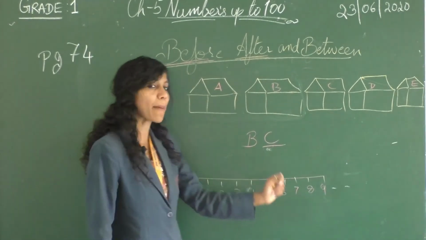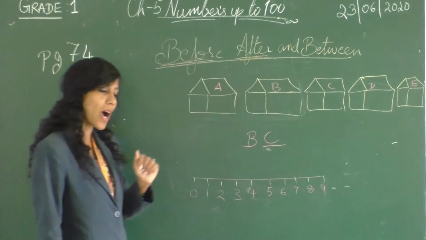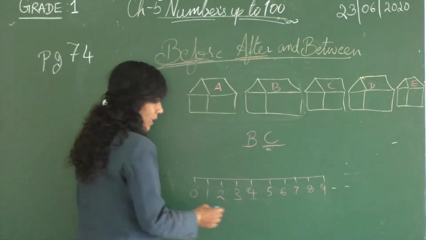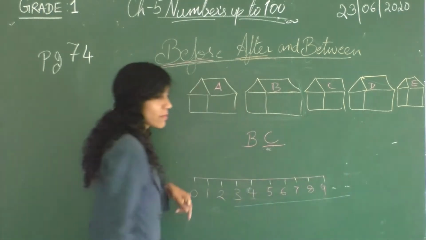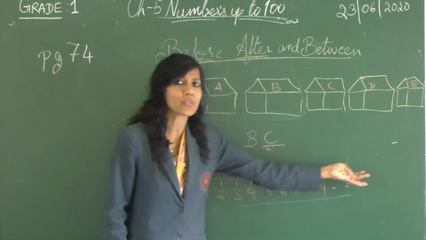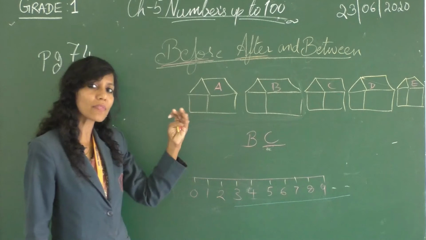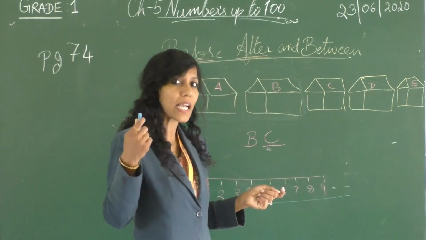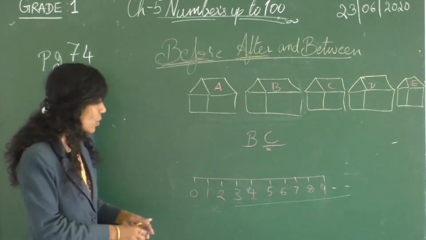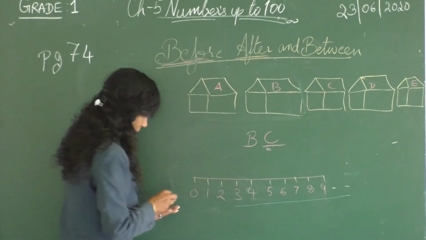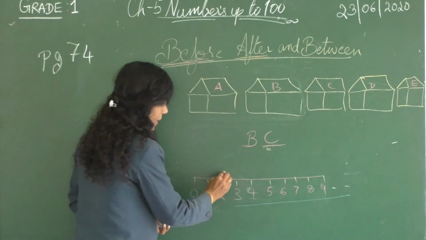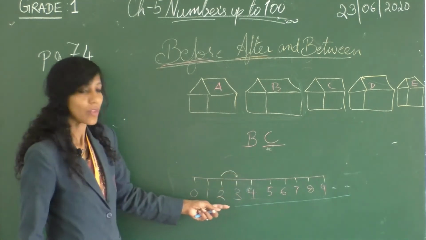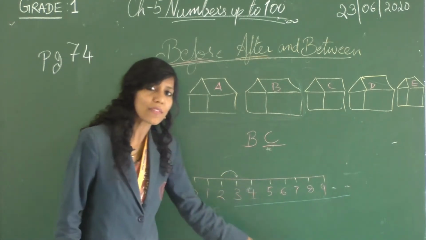The number after 2 would be 9, 10, 11, 12, everything. These all come after 2. What we want is the number that comes just after 2, one step behind, just after 2. It is 3. 3 is just after 2.